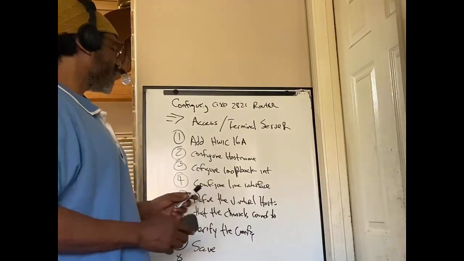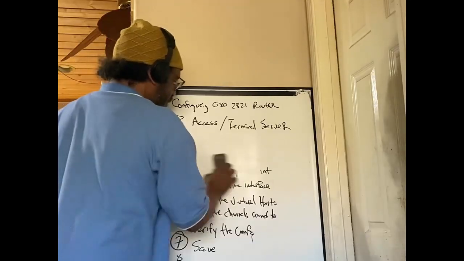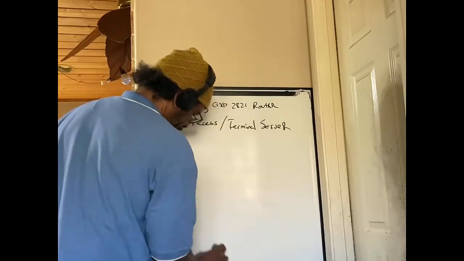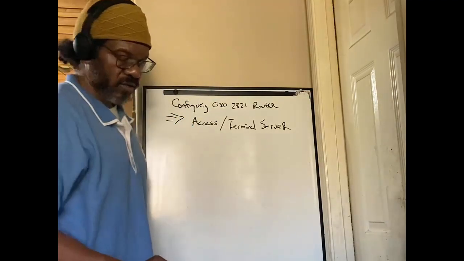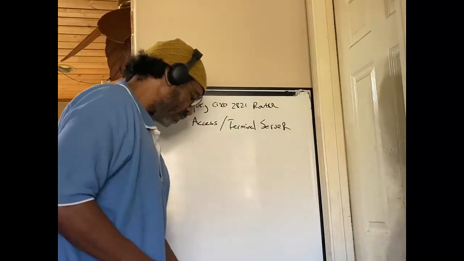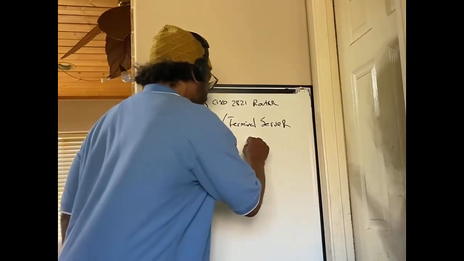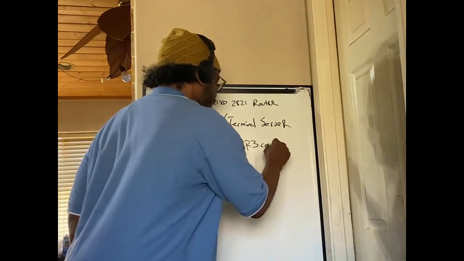Now, as I was saying, the reason for creating an access server is so that you can now connect to one device. Typically the way we're going to set ours up is R3 is our core router.